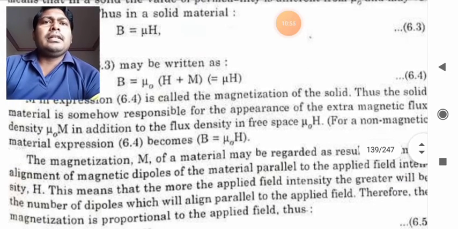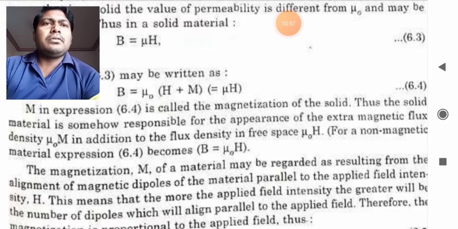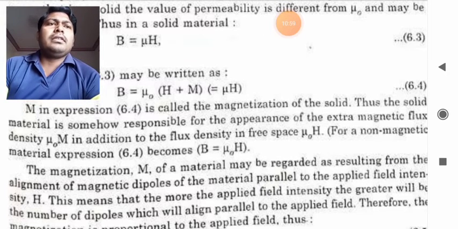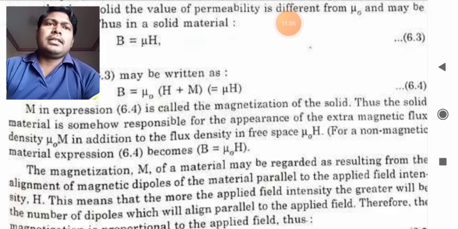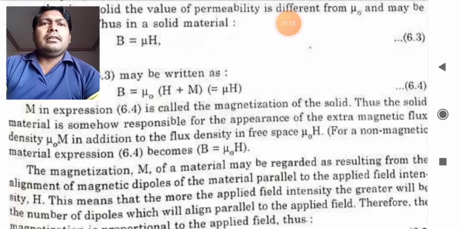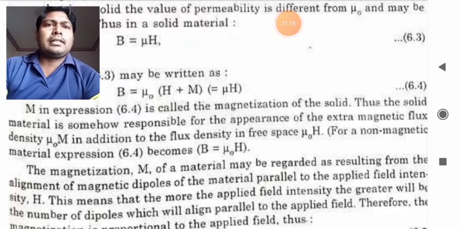Thus, the solid material is somehow responsible for the appearance of the extra magnetic flux density mu naught M in addition to the flux density in free space, that is mu naught into H. For a non-magnetic material, B is equal to mu naught into H.